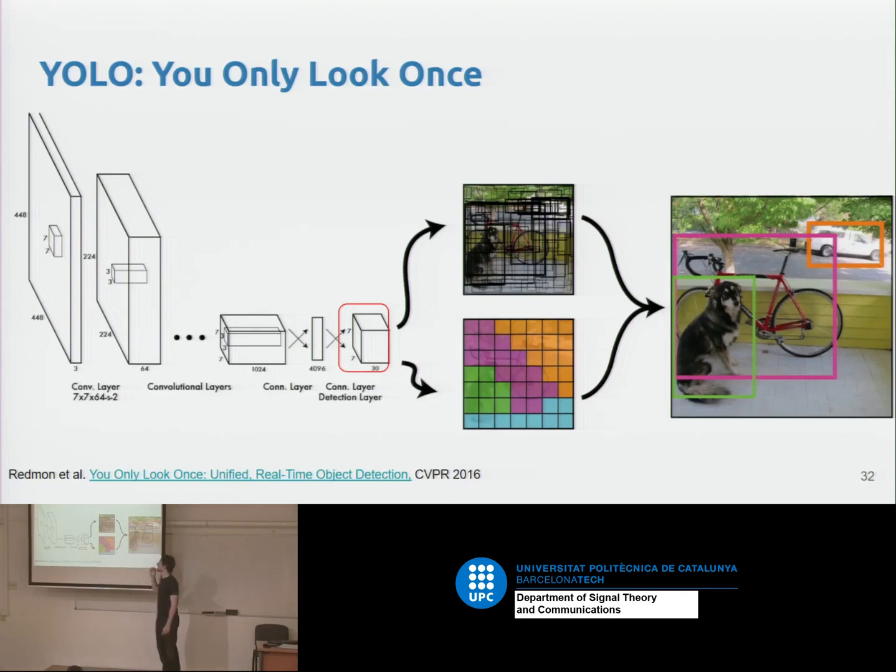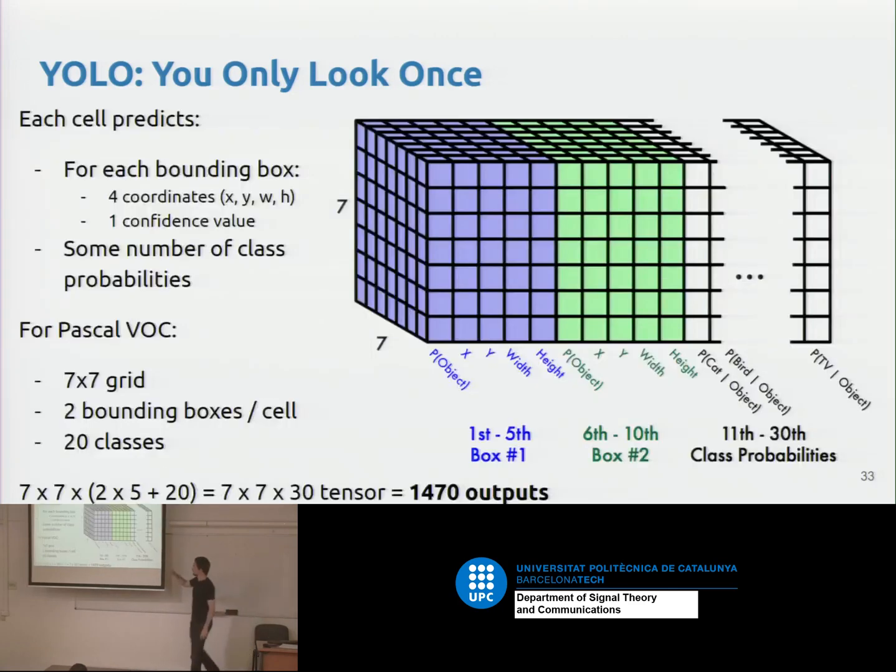And for this output, they give two possible bounding boxes, which have some probability of being an object, and x, y, width, and height, and another bounding box.